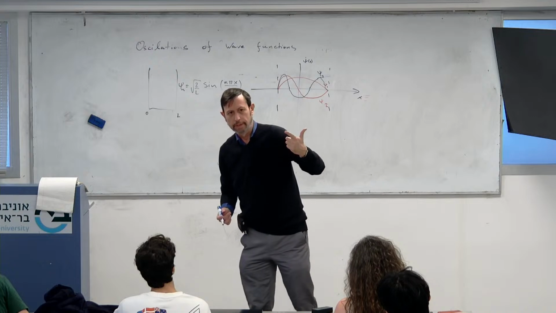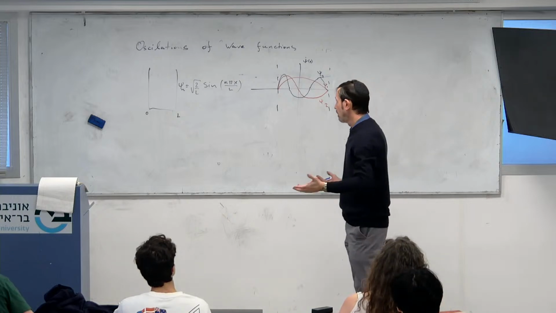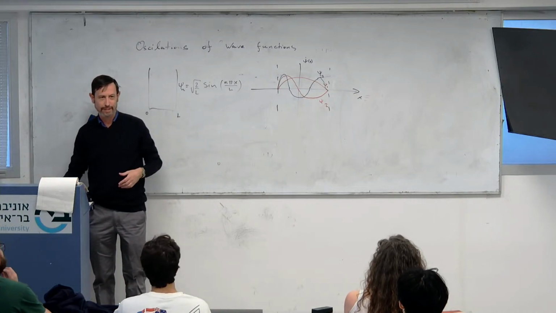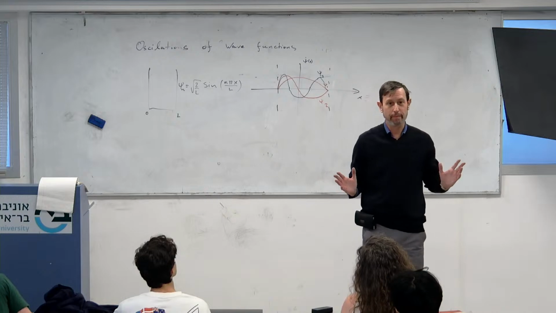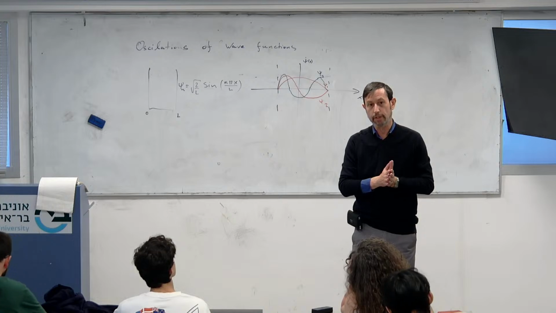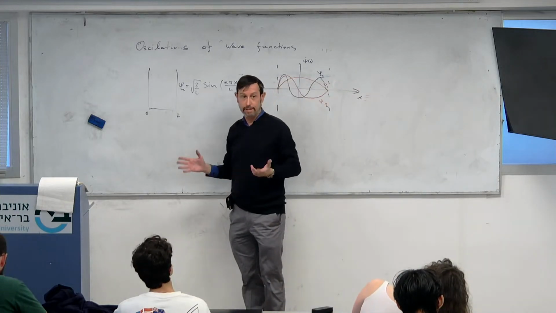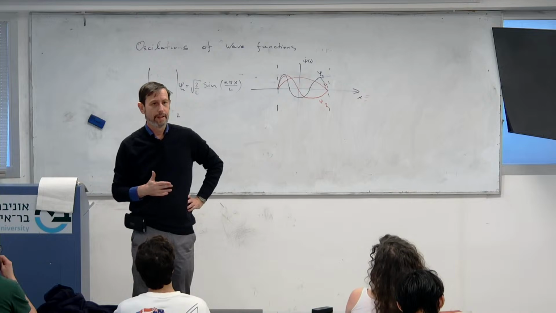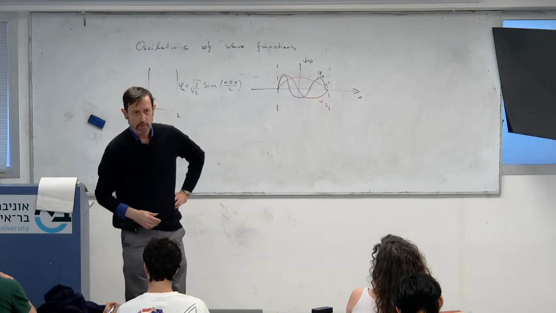For the first excited state, 1. For the second excited state, 2, and so on and so forth. Well, you can tell me, well, we know what a sine is. We don't need to say that. The interesting thing is this is correct for any one-dimensional potential solutions in the discrete region. It's not a sine, but it cuts the x-axis n minus 1 times. For the first one 0, for the second one 1, and so on and so forth.